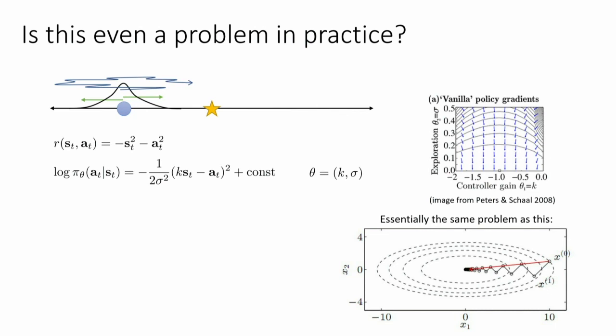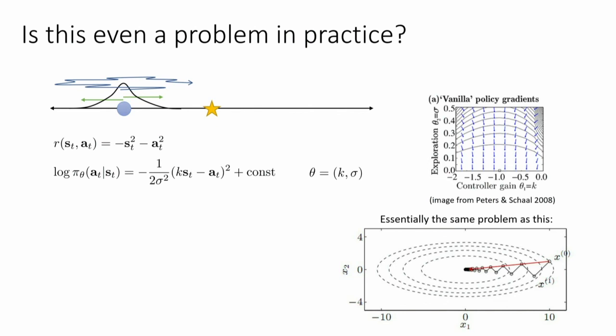If you have an ellipsoid-shaped function like this that you're optimizing, maybe your gradient will zigzag back and forth and take a really long time to get to the optimum. The more stretched out this ellipsoid is, the more gradient steps you'll need to reach the optimum, because you'll spend all your time zigzagging instead of going straight to the goal. So this is a very ill-conditioned optimization problem.